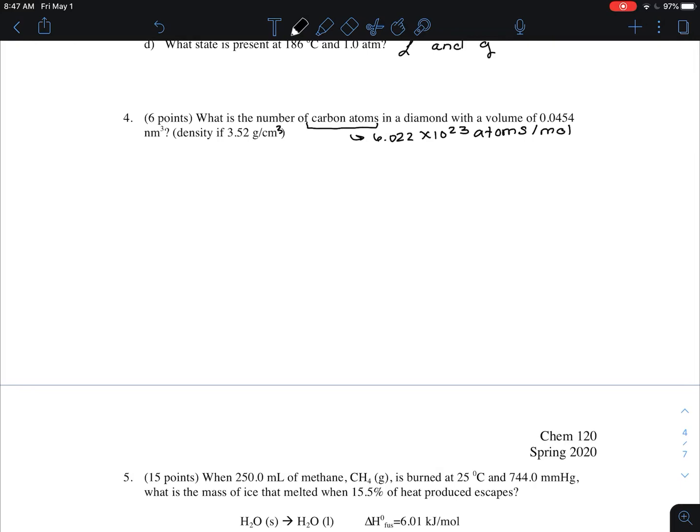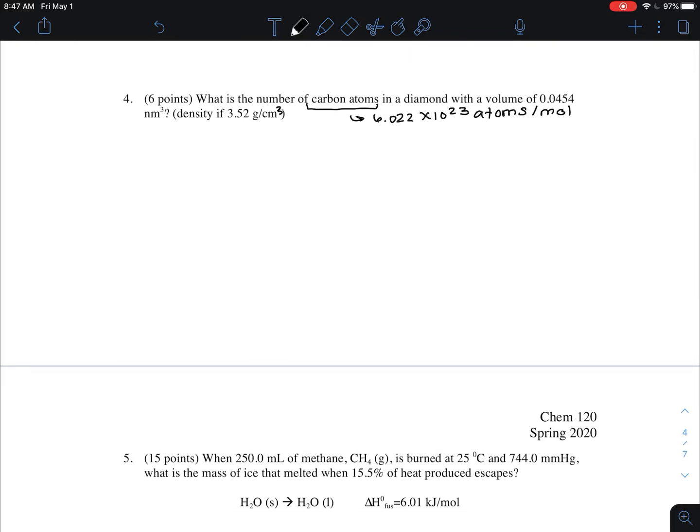That gives me atoms per mole. I'm going to have to use molar mass somewhere, which I know for carbon is 12.01 grams per mole.